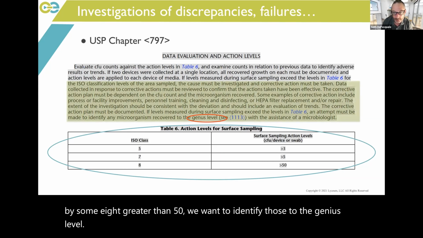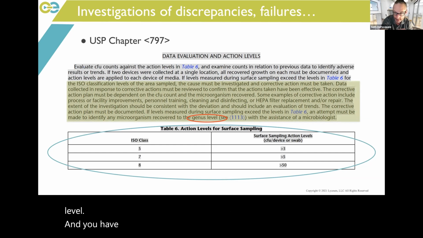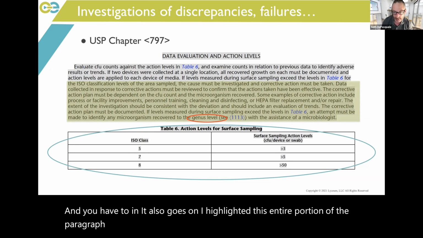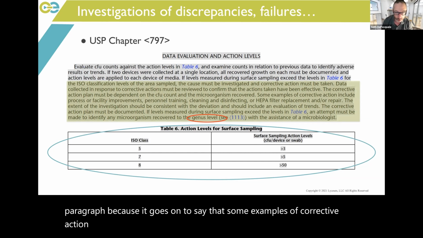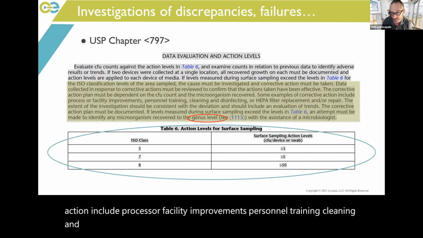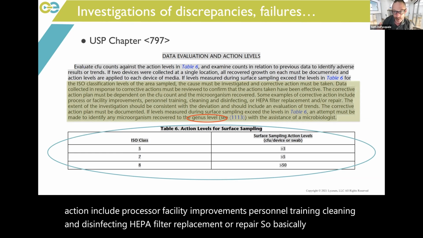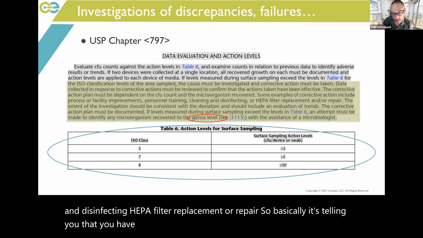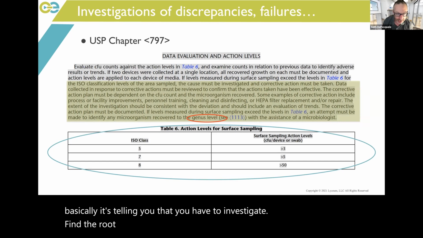It also goes on, I highlighted this entire portion of the paragraph because it goes on to say that some examples of corrective action include process or facility improvements, personnel training, cleaning and disinfecting, HEPA filter replacement and/or repair. So basically it's telling you that you have to investigate, find the root cause, and then address those issues. And it might not just be one root cause, it could be multiple.